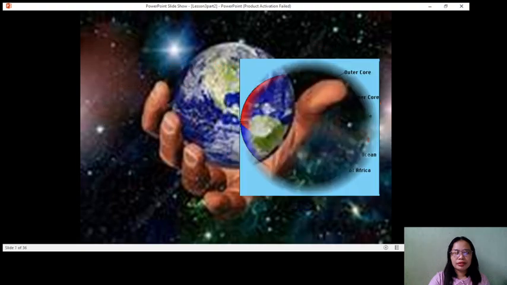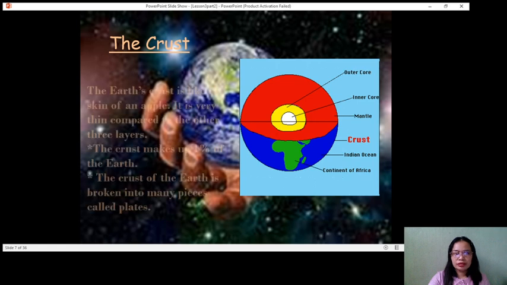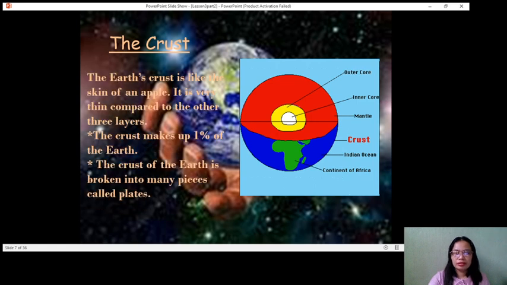Now, what is the Earth crust? It is like the skin of an apple. It is very thin compared to other layers. It makes up 1% of the Earth, and the crust of the Earth is broken into many pieces called plates.